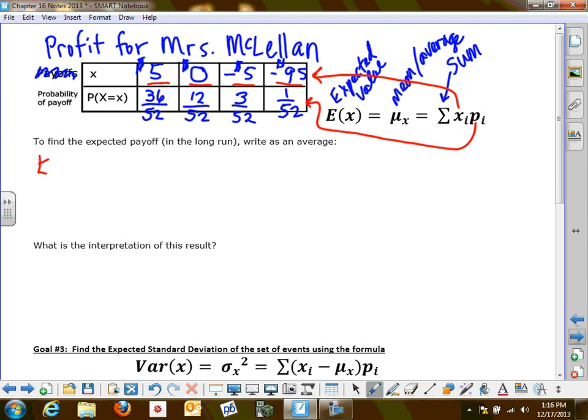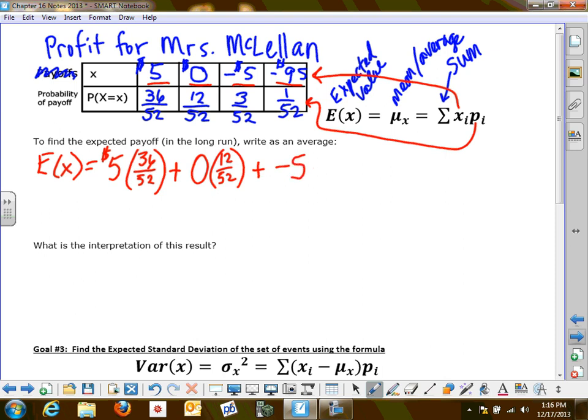So my expected profit is $5, and that will happen 36 out of 52 times, plus $0, and that happens 12 out of 52 times, plus negative $5, and that happens 3 out of 52 times, plus negative $95.